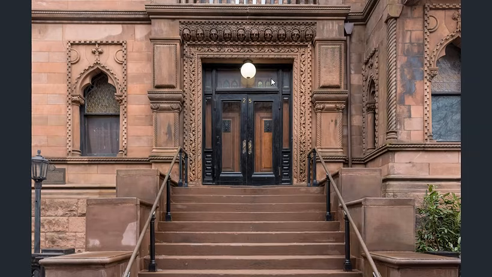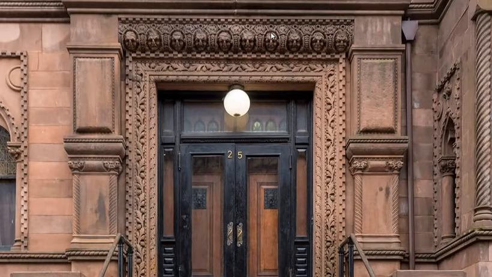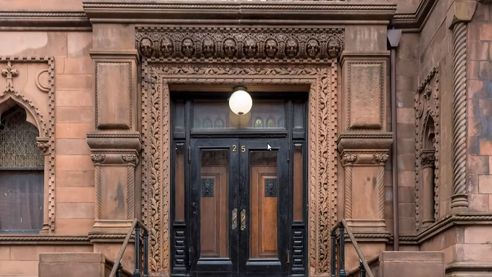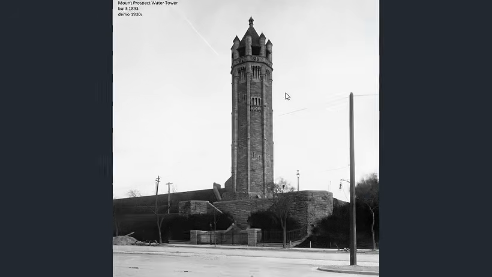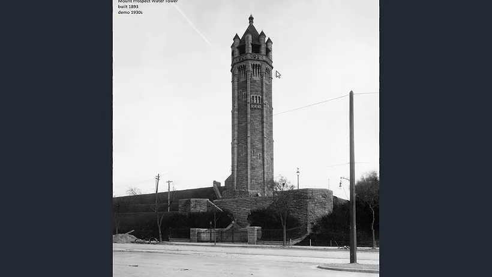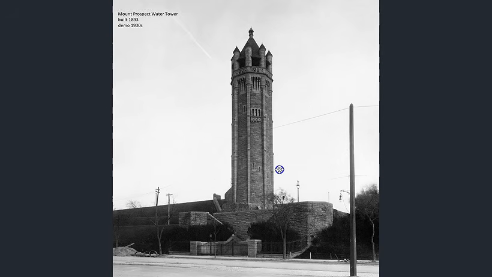Looking, again, very well preserved, highly decorative, and often very secretive, these structures as well. There's the water tower I mentioned earlier, Mount Prospect Water Tower. This one's built in 1893 as well. I'm sure they just grabbed a couple guys from the Armory to come over on the weekends and build a water tower.